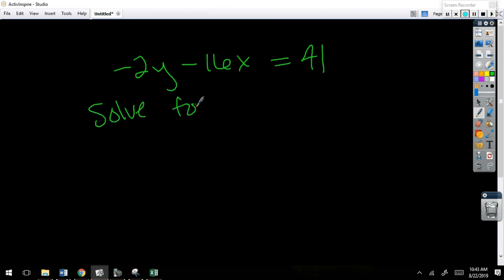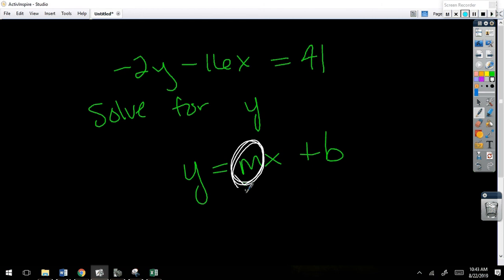If you have the equation of a line, let's say I have something like negative 2y minus 16x equals 41. How would I find the slope of that line? You've got to solve it for y so that it looks like this. And this is what? Slope.